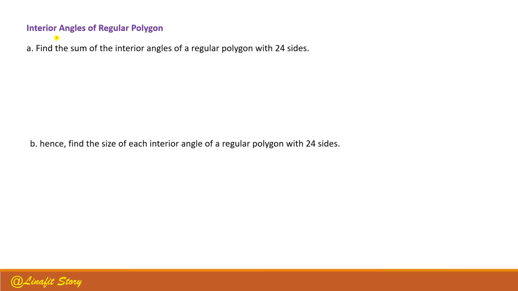Interior angles of regular polygons. Find the sum of the interior angles of a regular polygon with 24 sides. The sum of interior angles is equal to n minus 2 times 180. n is equal to 24.